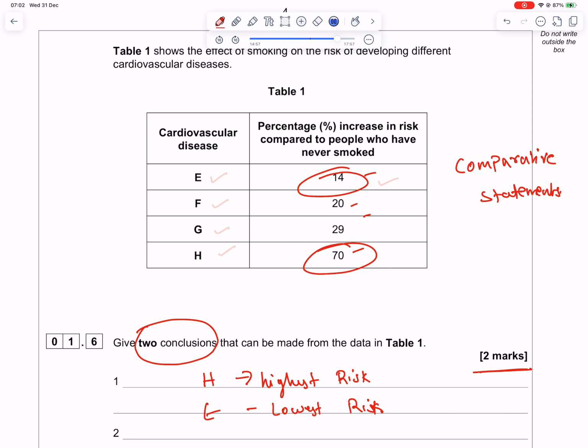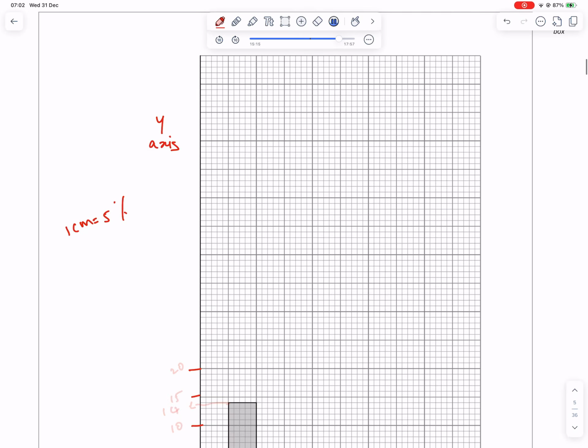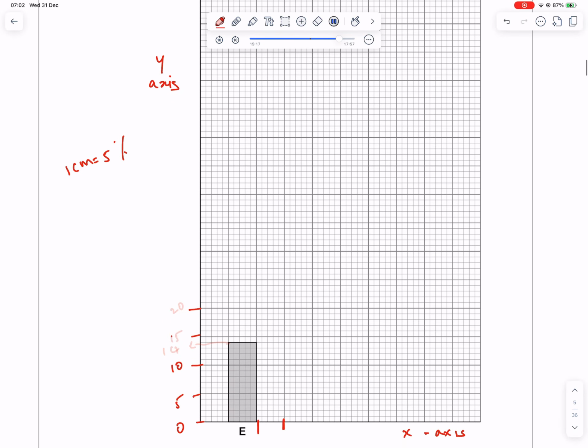So what I would suggest is take the scale as 1 centimeter is 5%. You know that one block here, each of them is 1 centimeter. So again, because you're labeling the y-axis, you can label them starting from 0 as 0, 5, 10, 15, 20, and so on up until the 70%.